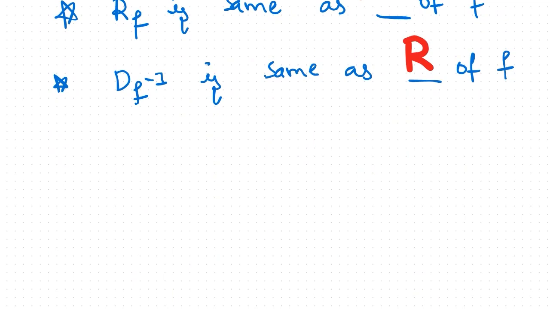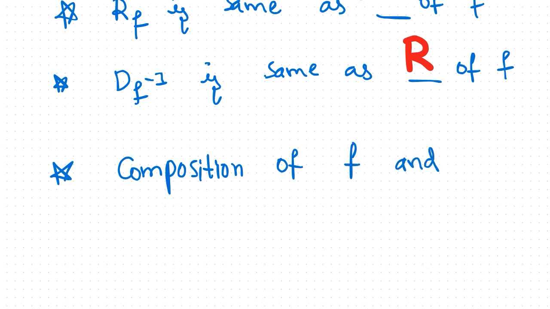Let me check the next topic. So these are the basics of inverse functions. Square root, cube root, exponential, and logarithmic are inverses of each other. What is the composition of f and f inverse?